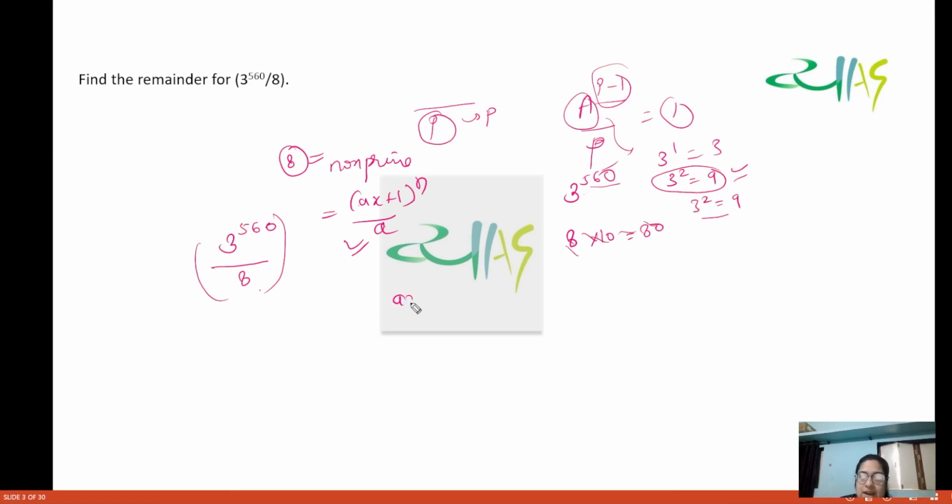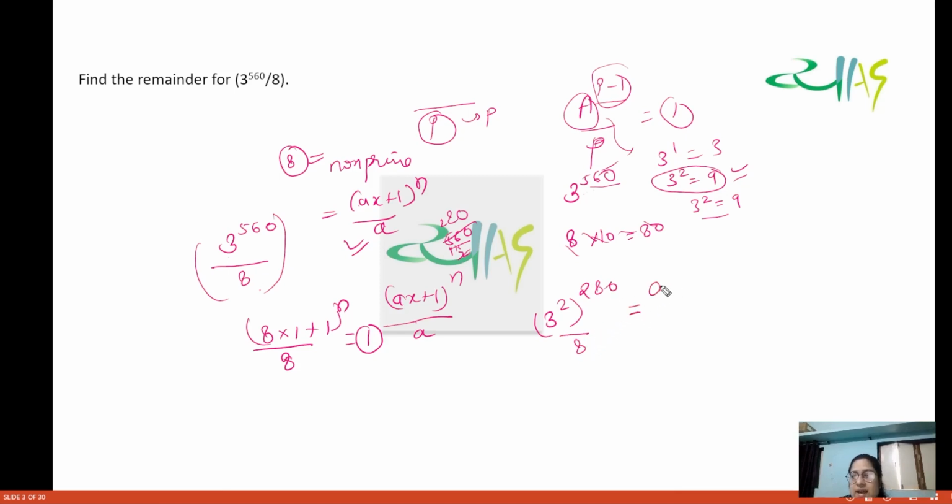So you will now have (ax plus 1) to the power n divided by a. Now what is a here? A is 8 here, x is 1 here, this is plus 1, and you have 9 to the power something, you will get 1. So basically you are going to write 3 square, and this is 560, so this is 3 square to the power 280, divided by 8.